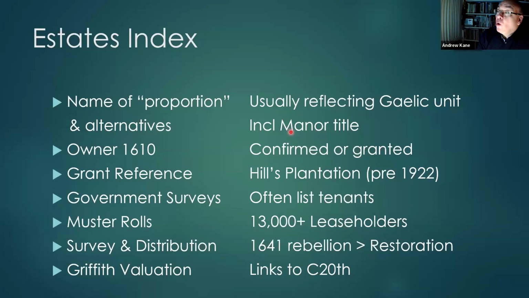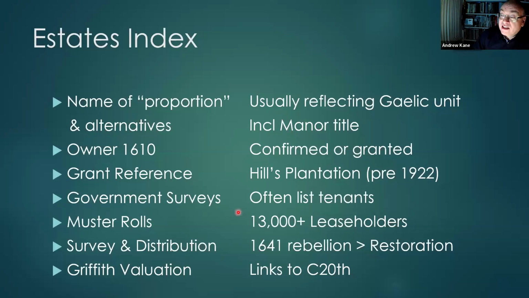It'll tell you who owned the property at the plantation, either by plantation grant or confirmed by inquisition. And then it will give you a grant reference in Hill's Plantation of Ulster, which is a very useful book, which will provide details of all the townlands that were granted to each person. And that will give you the reference number to look that up.